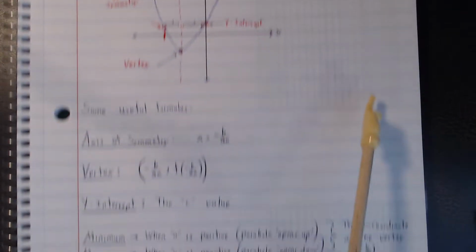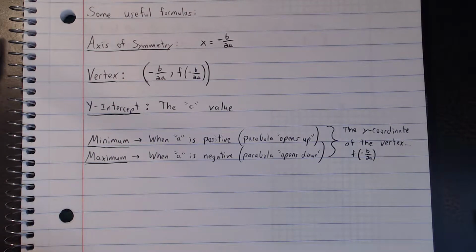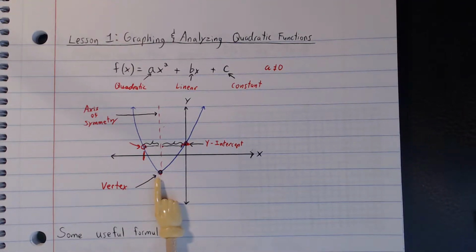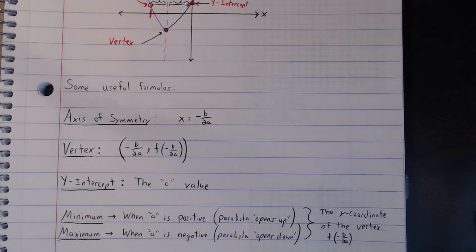So we're just going to want to decide what our minimum or maximum value is, which is really nice because it's also going to be the y value of your vertex. Our vertex is the lowest point here, so it makes sense that it would be either the minimum or maximum. So we went over a lot of things. We're going to see how each of these work in practice.